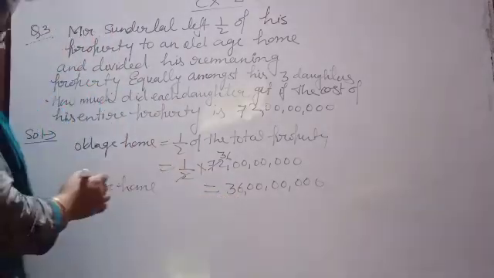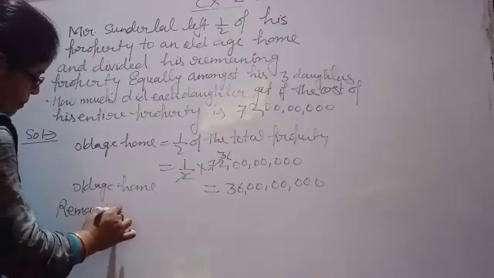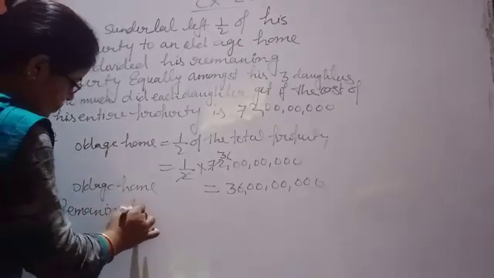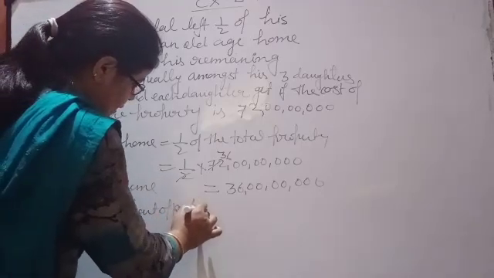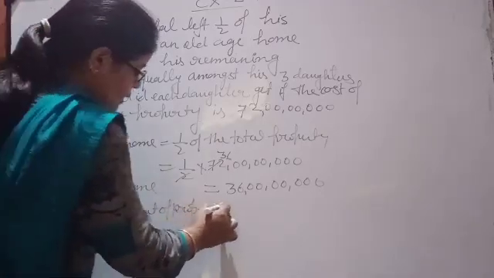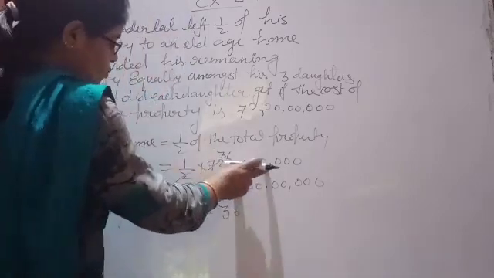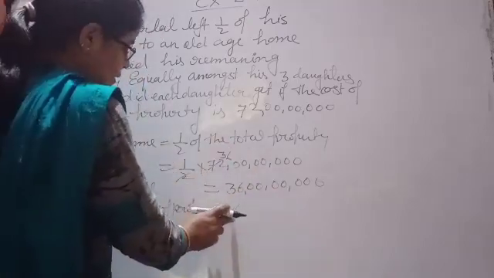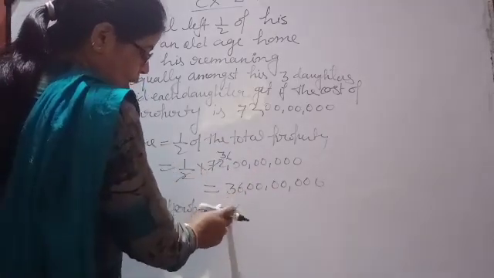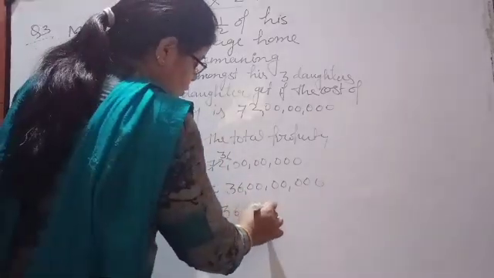So the remaining part of the property is again 36. Then by adding them it will become 72 crore. So 36 crore he has given to the old age home, and 36 crore is left with him, which he will divide equally amongst the 3 daughters.